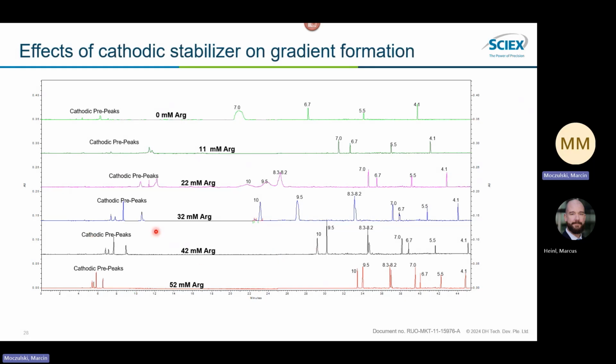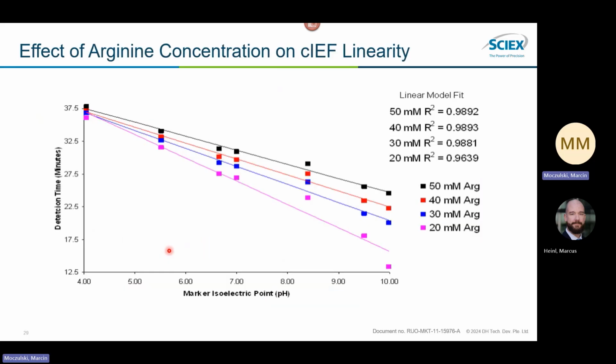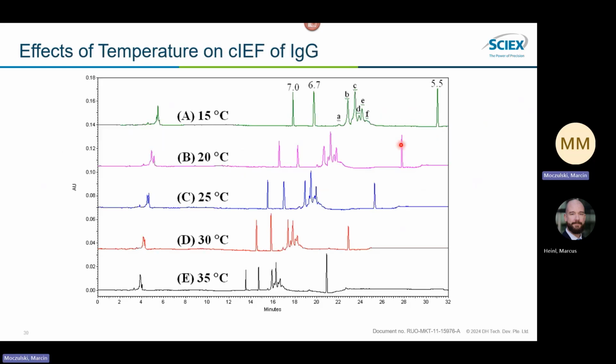However, the typical arginine concentration in the standard methods is approximately 40-42 millimolar in final concentration. By reducing arginine concentration, we lose a little bit of linearity. So high linearity in the whole range between pI 3 and 10 we can obtain only at a relatively high concentration of arginine, starting from 40 to 50 millimolar.